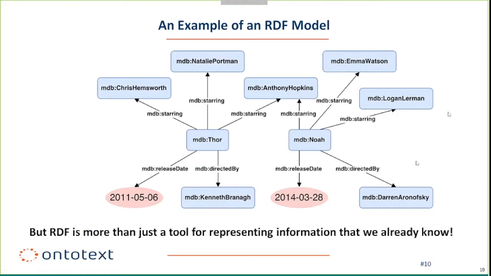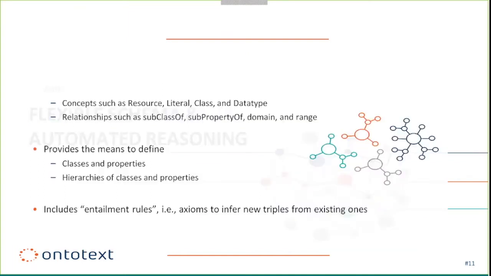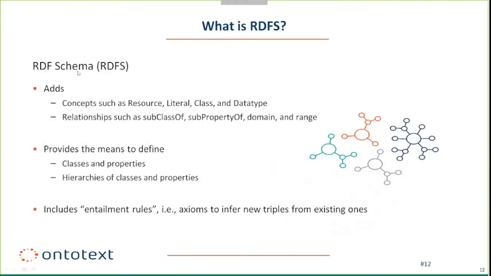However, RDF is more than just a model for representing information that you already have or that you already know. And to understand why, we have to describe first what RDF schema is. And RDF schema is an addition to RDF that adds concepts such as what resources are, literals, as we mentioned before.